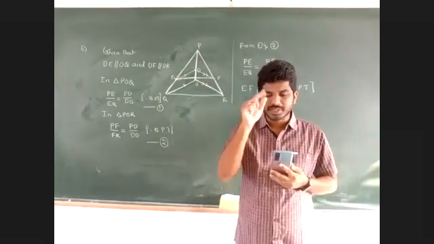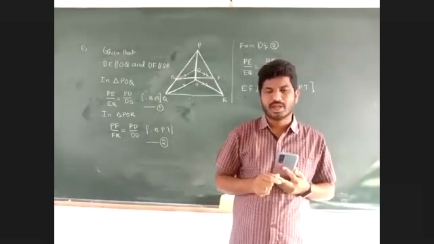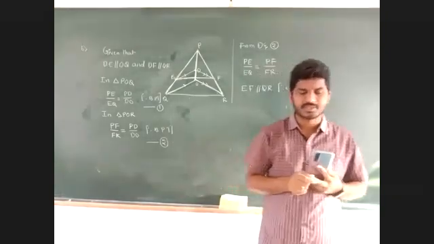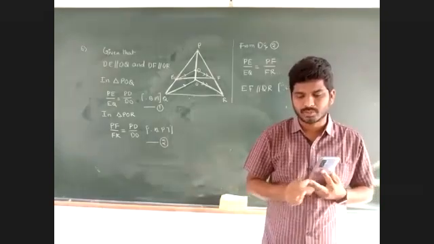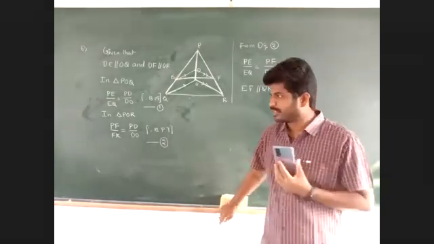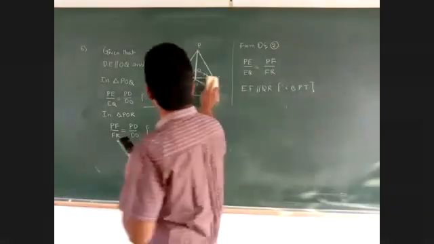If AB is parallel to PQ and AC is parallel to PR, then prove that BC is parallel to QR. Very simple problem.